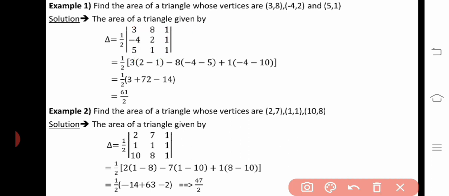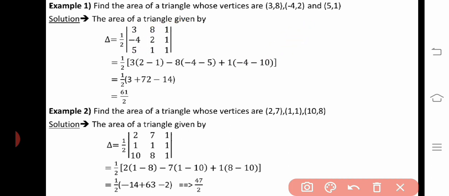Yes, minus 8 into, leaving the second column first row element, minus 4 into 1 minus of 5 into 1, minus 5, plus 1 into, leaving this column and first row elements, minus 4 into 1 minus of 5 into 2, 10.